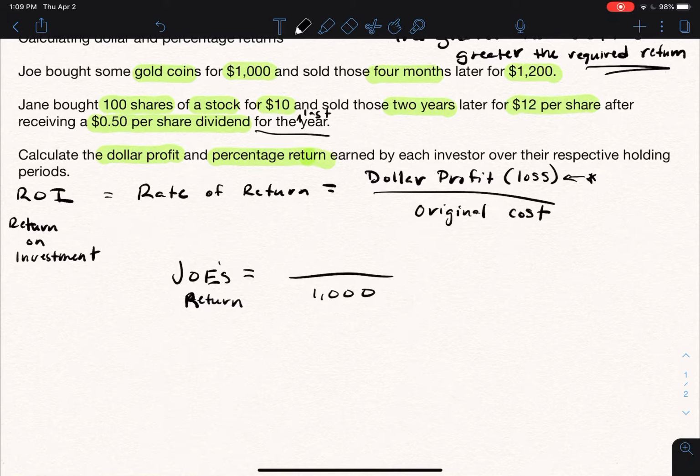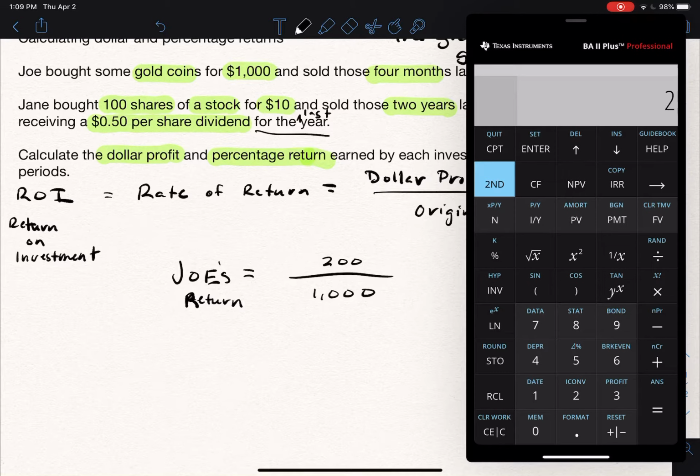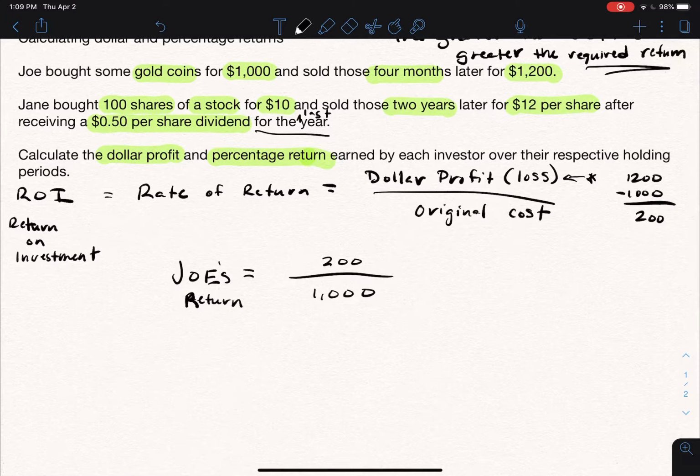And so to calculate profit, we take the selling price, we subtract the investment that we originally made, and what we get is the difference of a positive $200, right? And so we're going to put 200 over 1,000, so 200 divided by 1,000. And so what we know is that Joe got a 20% return on his investment. All right, 20% or 0.2.